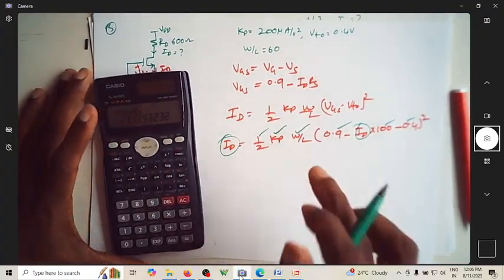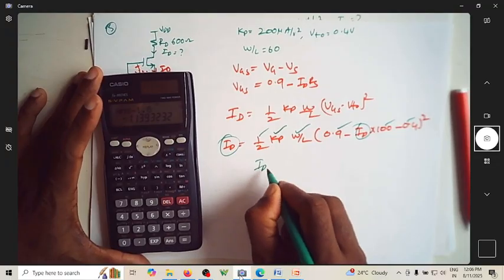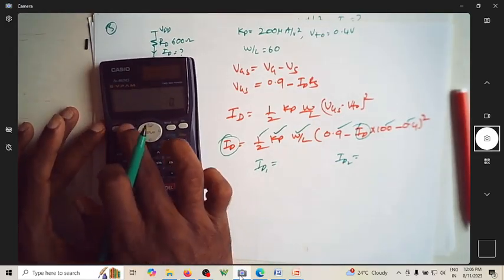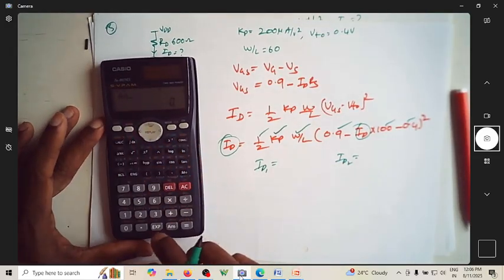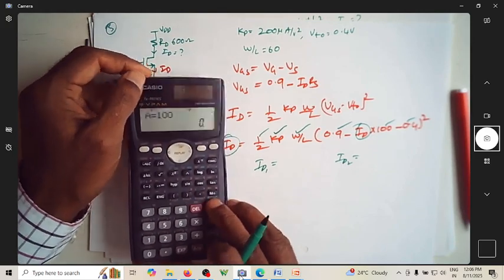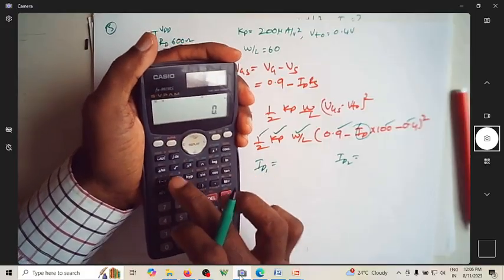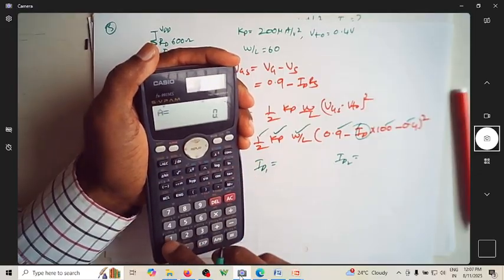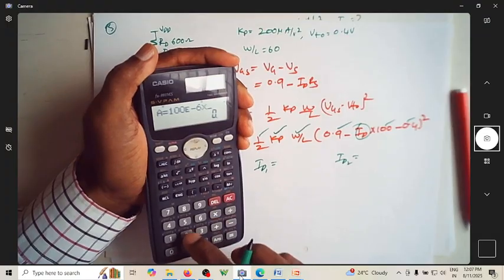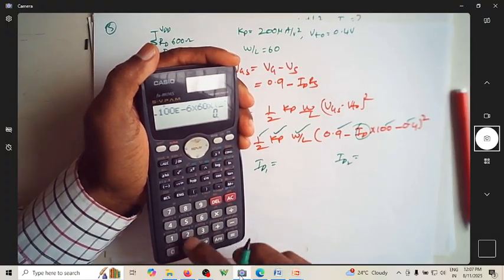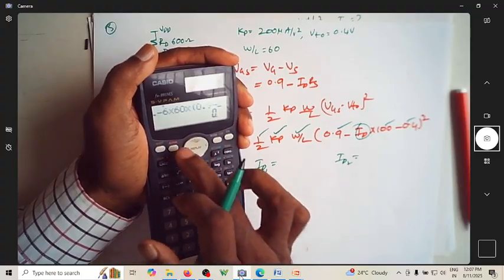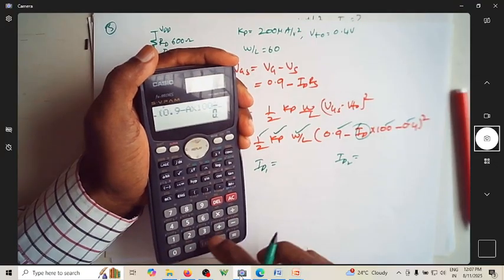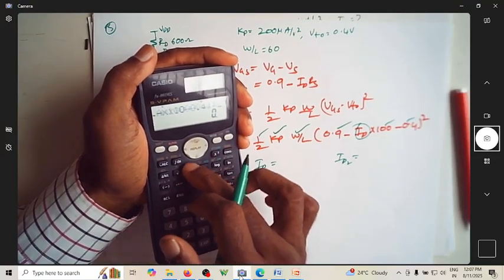So let me solve for ID, two values of ID: ID1 value and ID2 value. Alpha A, alpha equals 100 exponential minus 6 into 60 into 0.9 minus alpha A into 100 minus 0.4 whole square, shift cal.